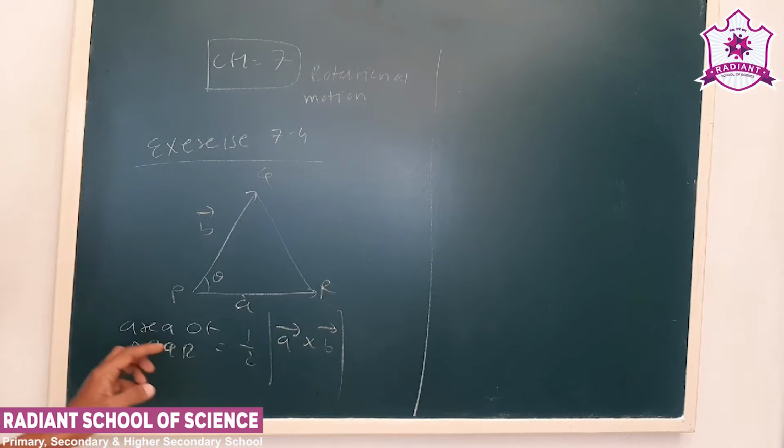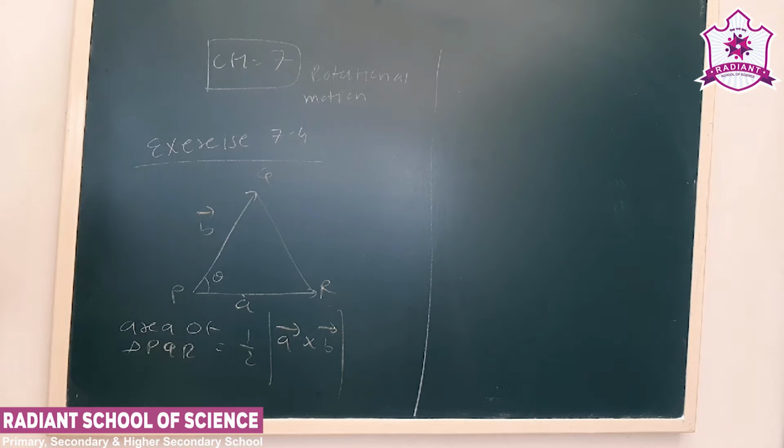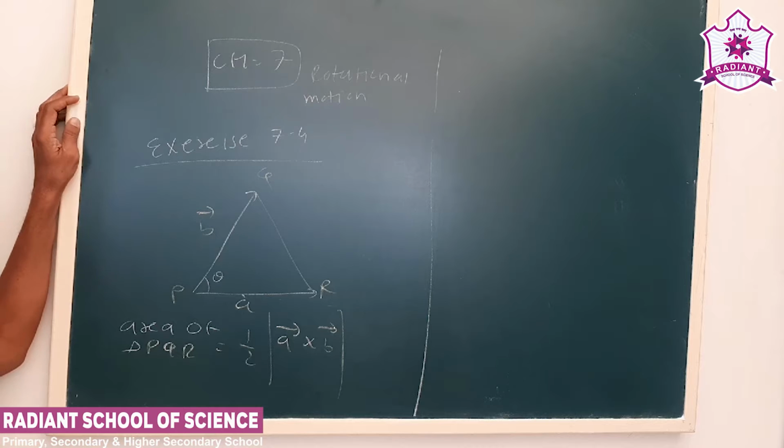Half of the magnitude of the product of vectors A and B. Let us say PR is vector A and PQ is vector B. Now what is the formula for the area of a triangle? Half into base into height.